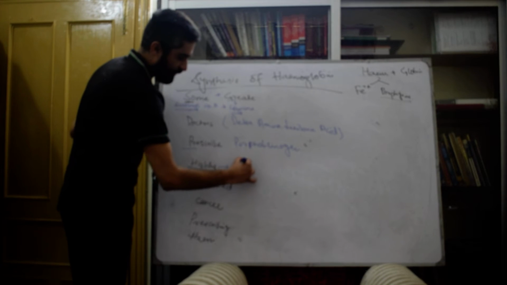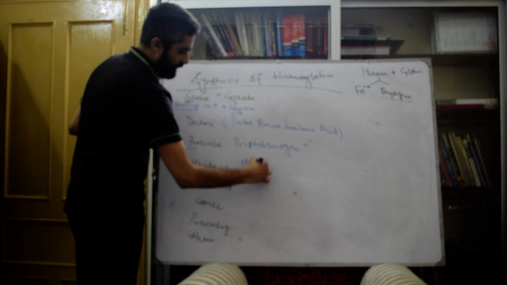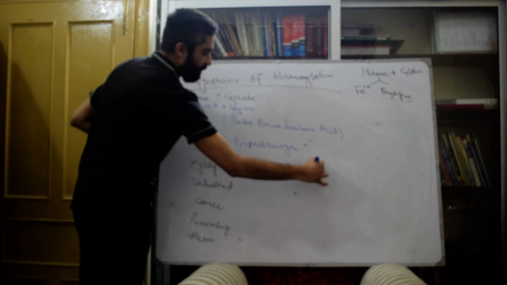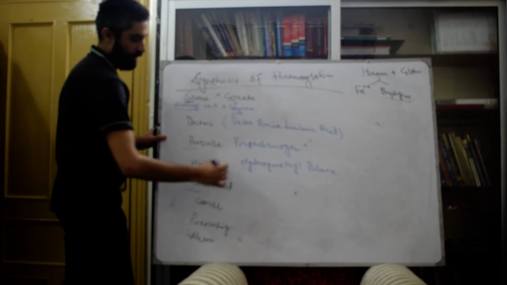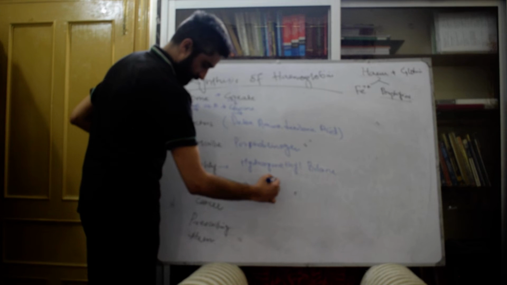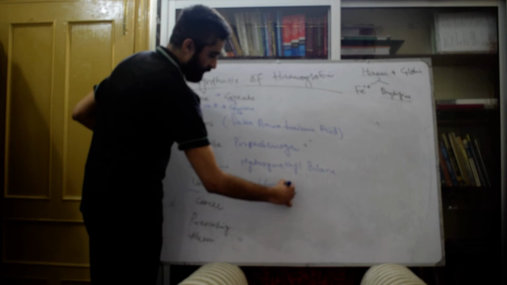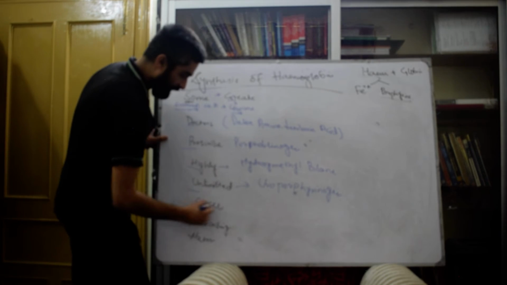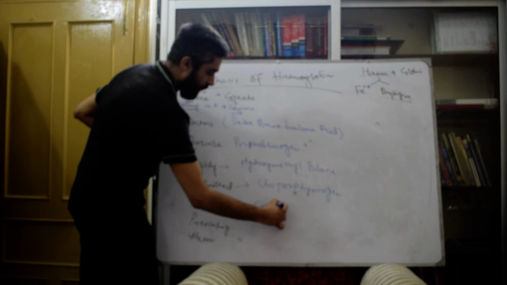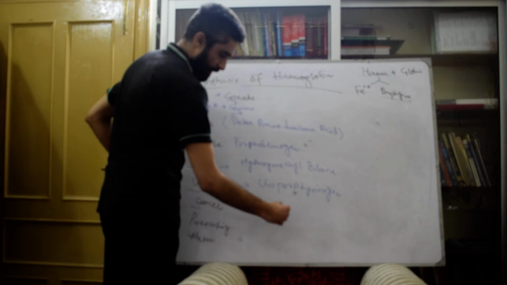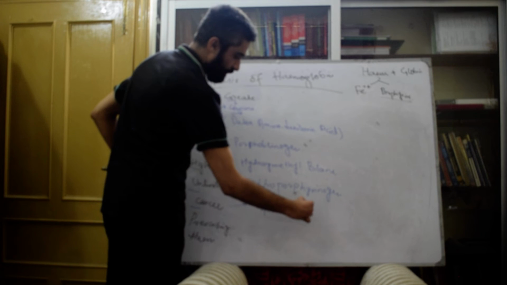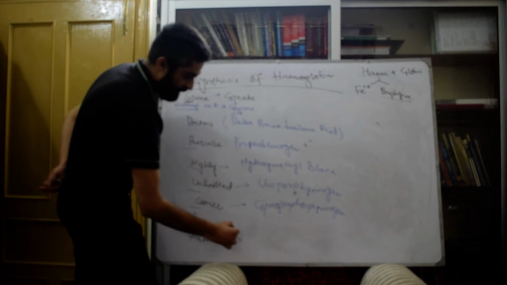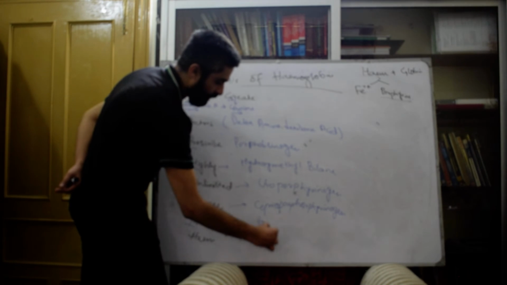From H, hydroxymethylbilane. Uroporphyrinogen, coproporphyrinogen, and then protoporphyrin or porphyrins.